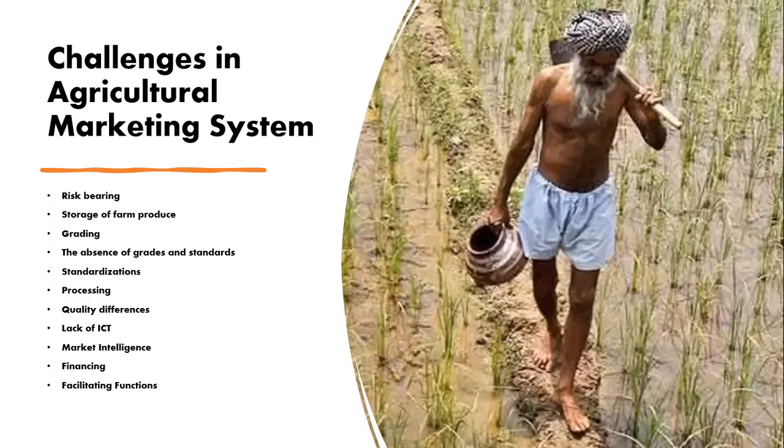And also the absence of grades and standards. For most vegetables, rice and other areas, they don't have grading facilities, grades or standardization. What they do is just produce and send, because sometimes there is not even demand for grading. Standardization, maybe packing standardization, storage standardization, transport standardization, is not there.